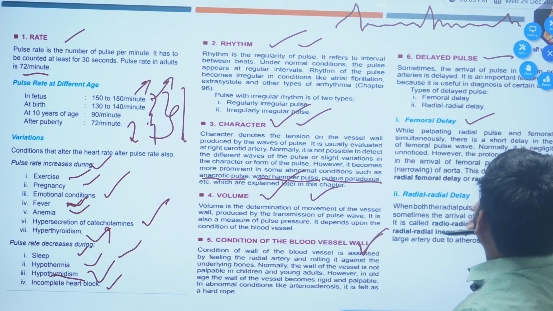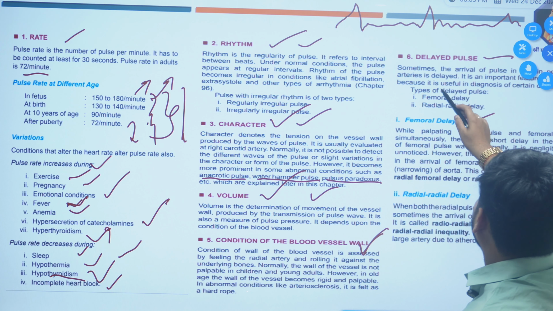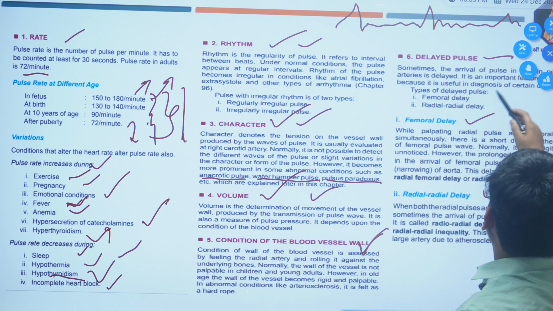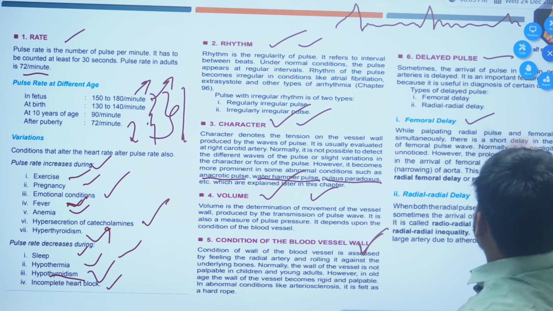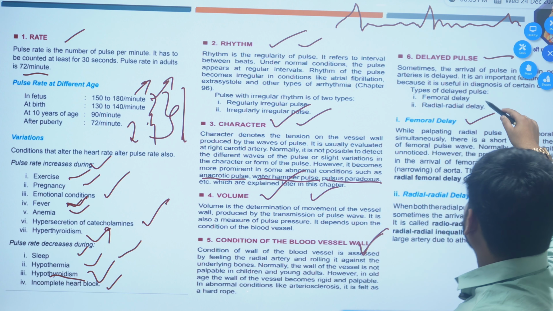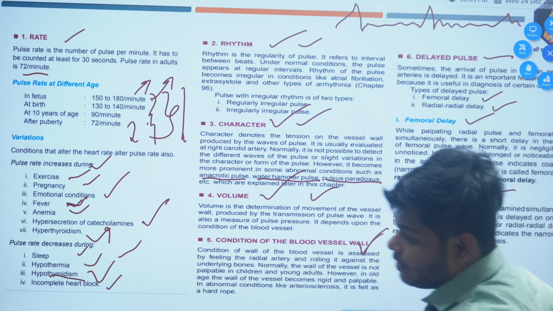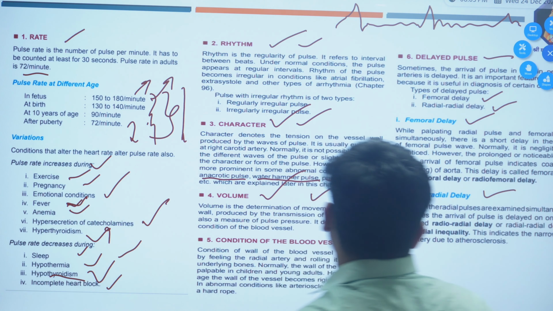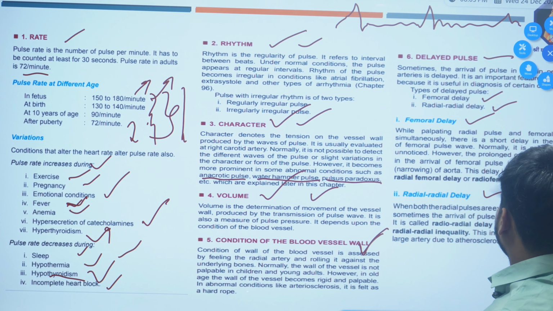Now delayed pulse. Sometimes the arrival of the pulse in the peripheral arteries is delayed. It is an important feature and is useful in the diagnosis of certain diseases. There are two types of delays, femoral delay and radial delay.